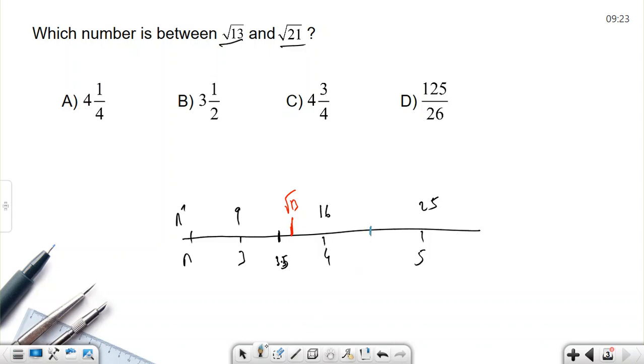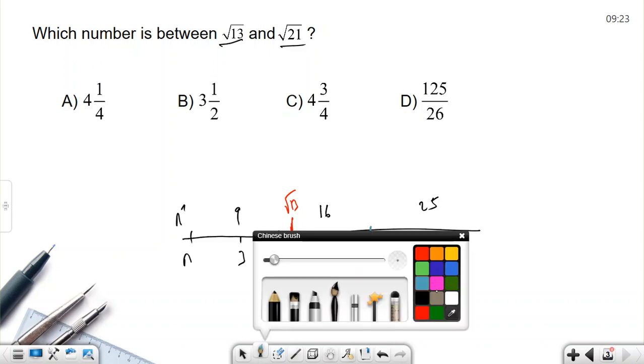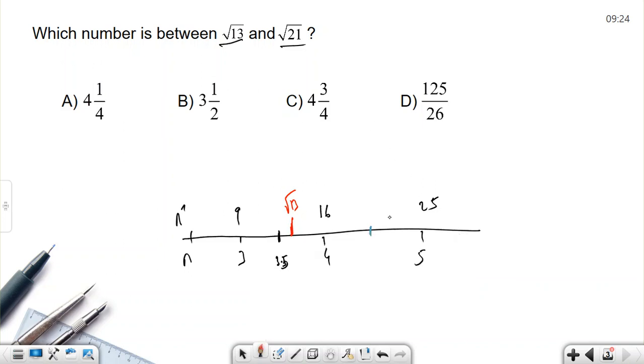The square root of 21 is near 25, so it will be nearer here. So 4 and 1 over 4 is here, and that's between the square root of 13 and the square root of 21. I think that's the answer. 3 and 1 over 2 is 3.5, and that's not between the square root of 13 and the square root of 21, so that's not the answer.